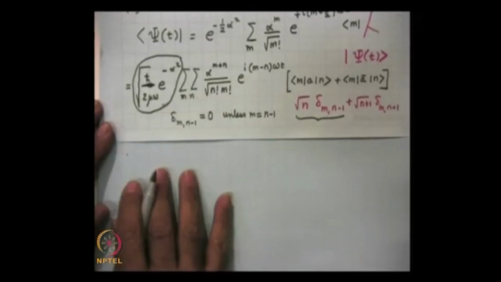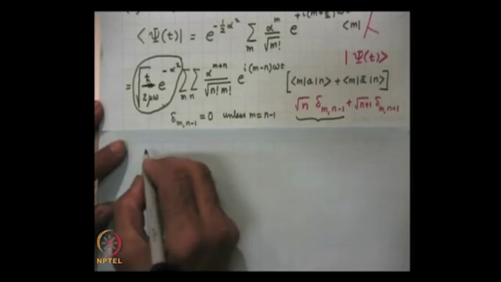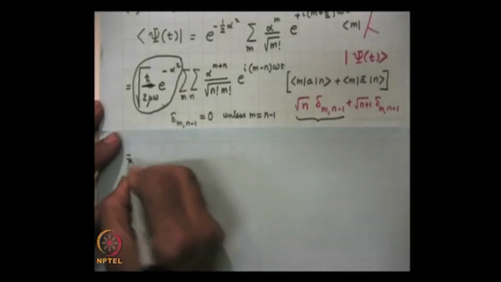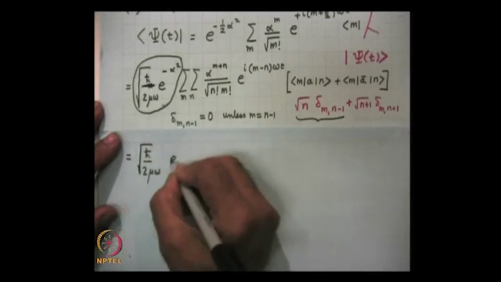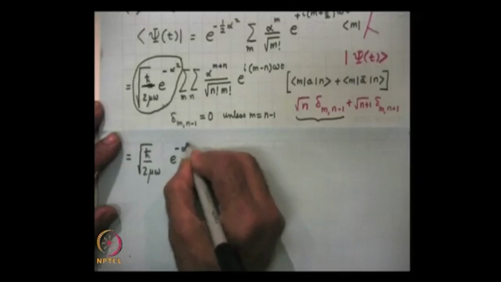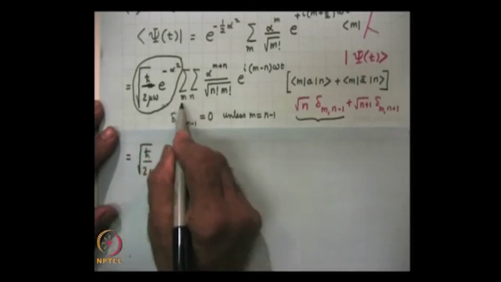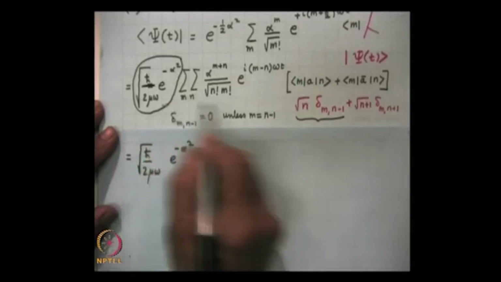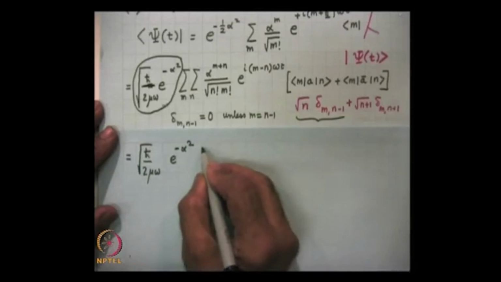H cross, let me write it down like this, H cross by 2 mu omega e to the power of minus alpha square. I sum over m first, so only m equal to n minus 1 will survive.